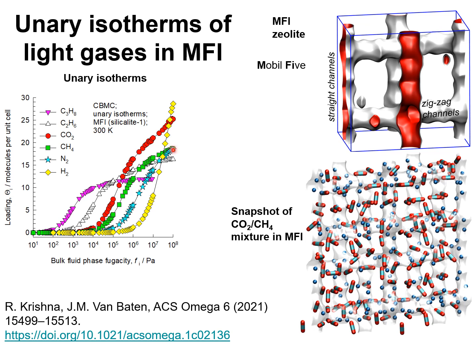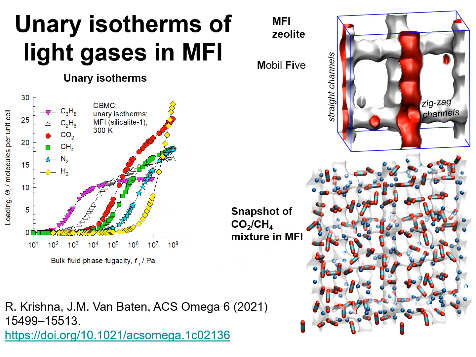Then we have methane, nitrogen, ethane, and propane. The longer the chain length, the lower the value of the saturation loading.